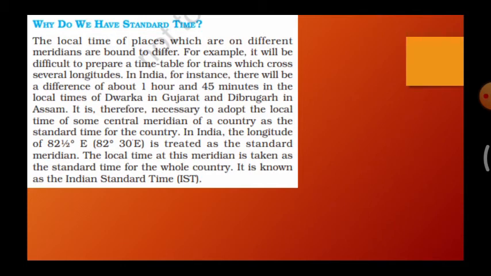So, children, we have a local time. Why do we want a standard time? Because the train is moving from place to place, so according to the local time we cannot prepare the timetable for trains. For that purpose, they have introduced the Indian Standard Time.